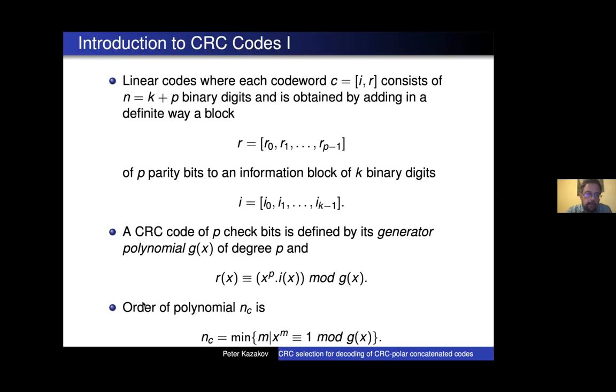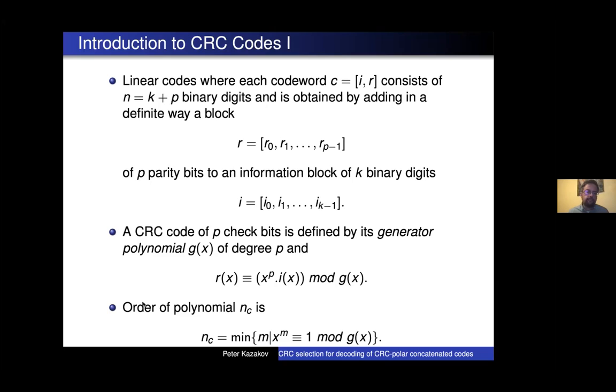The most important characteristic of the polynomial g(x) is its order, and the order is defined as the minimum number m such that x to the degree m is congruent to 1 modulo g(x). There is no sense in generating a polynomial g(x) above its order, because at that point we run the risk of having a minimum distance of 2, and this is not very nice.